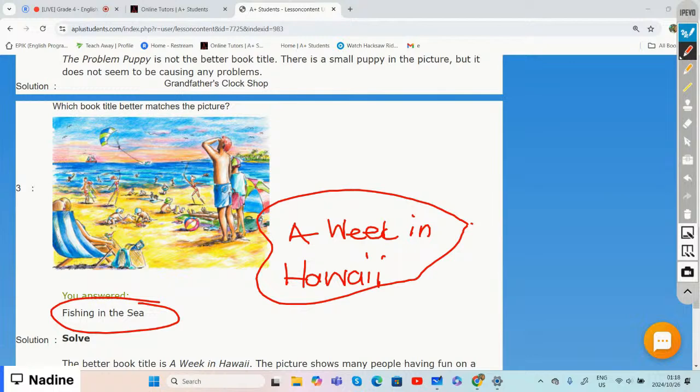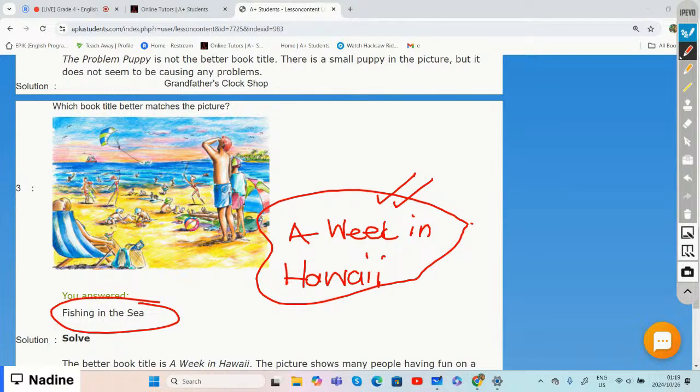and if we were to choose the correct option, or let's say the correct title that goes with the picture, right? Then yes, we can say it is a week in Hawaii. Because we don't see any signs of fishing.